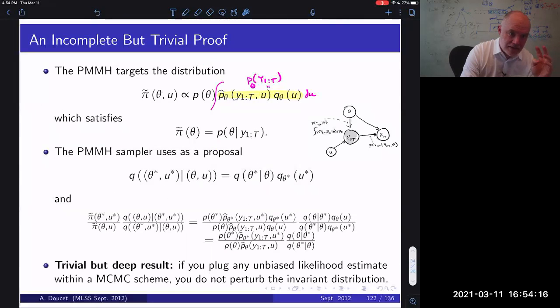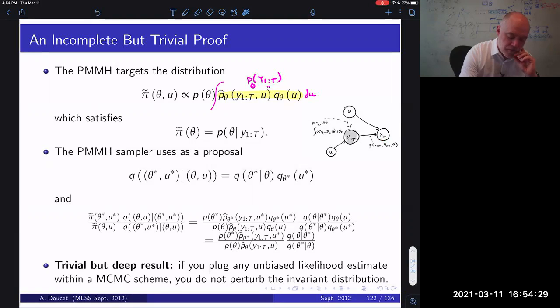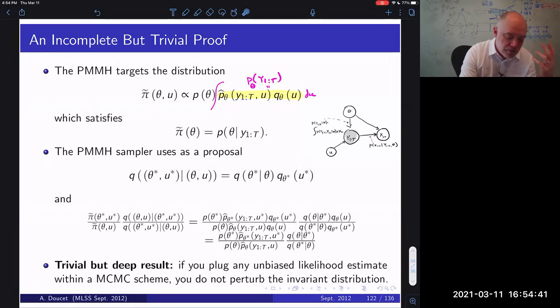Can anybody understand why this is important or cool? Sorry, just again, what's the difference between X's and U's? X's are the latent variables. U's are the random choices consumed in sequential Monte Carlo, of which X's are technically a subset.